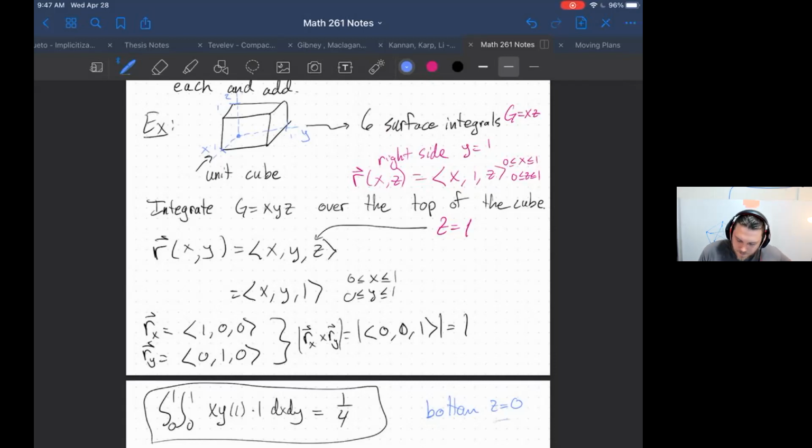So, something to consider. For surface integrals, depending on what your function is, you might not be able to use symmetry. You might have to actually break it down into 6 different surface integrals and set them all up individually. So that's something to consider.